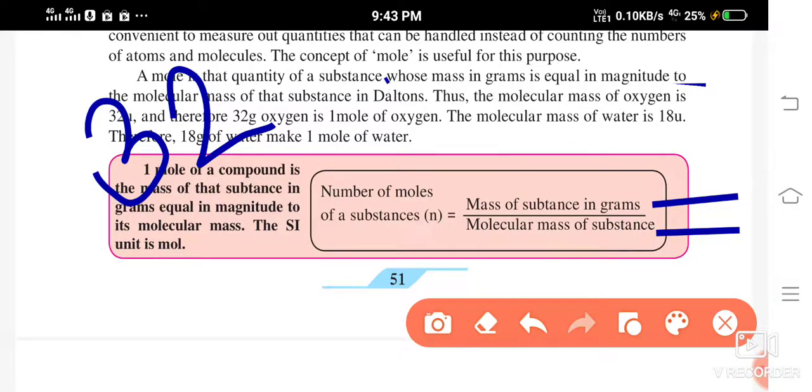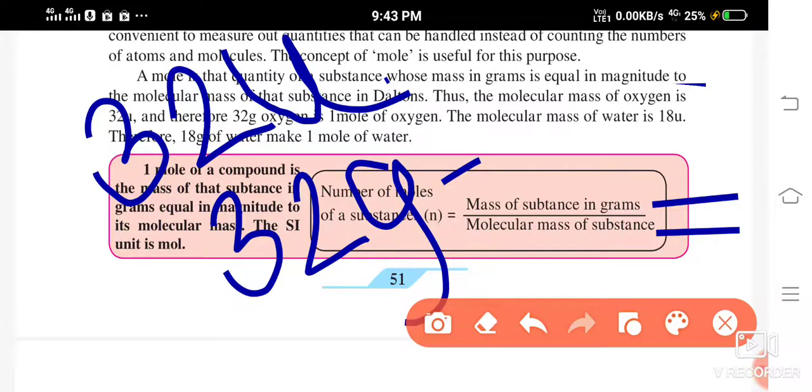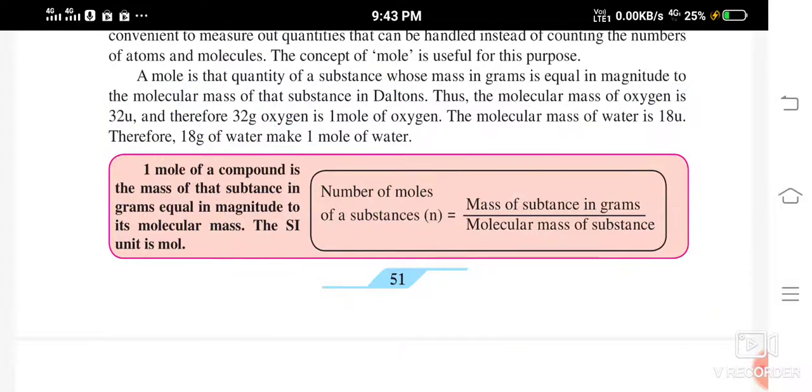Therefore, 32 grams of oxygen is equal to 1 mole of oxygen.